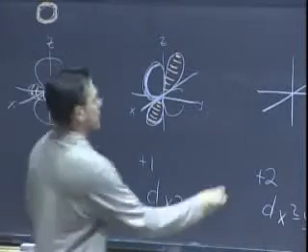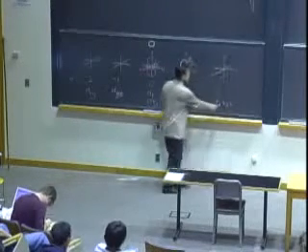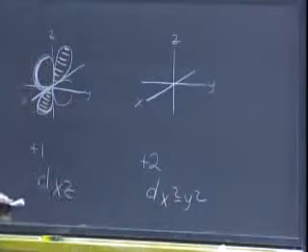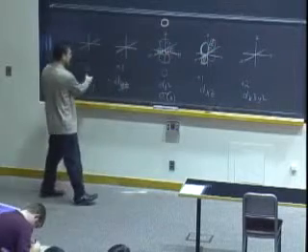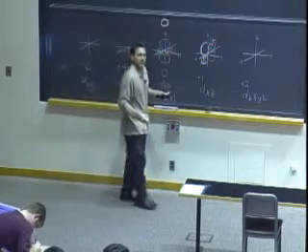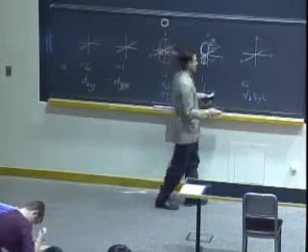And then we have the x squared minus y squared orbital. The x squared minus y squared orbital has 4 lobes. In fact, the shape of xz, x squared minus y squared, yz, and xy are all the same. It's just that they point in different directions in space with respect to the Cartesian coordinate axes.